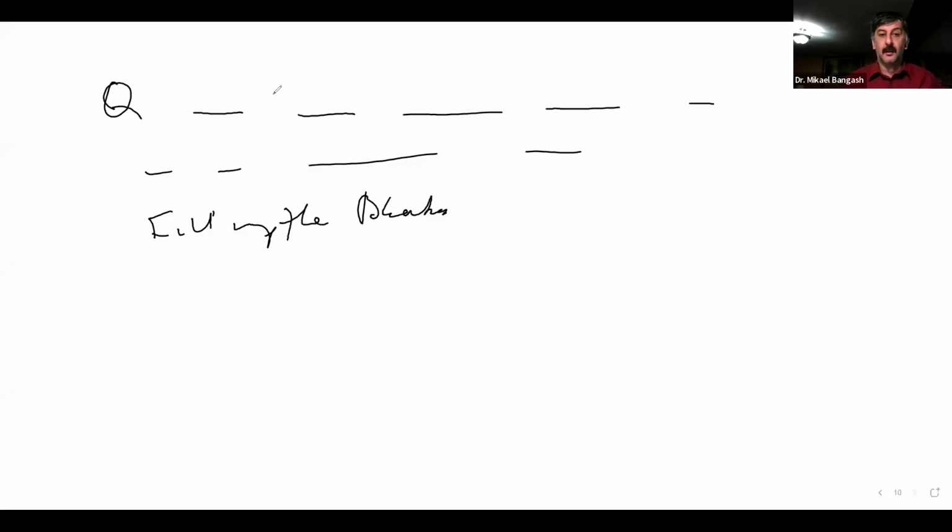Now, of course, it's going to be easier for you to guess the phrase, the word, proverb, quotation, or saying, if you have more spaces already filled up. Clear? If these are the spaces you already have filled up, the only thing you need to guess is this one here and this one here.